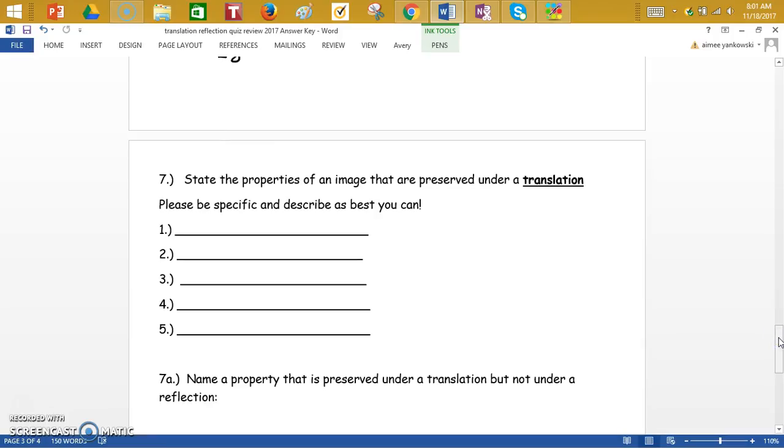State the properties of an image that are preserved under a translation. Be as specific as you can. Okay, under a translation, we know the area remains the same. We know the perimeter remains the same.